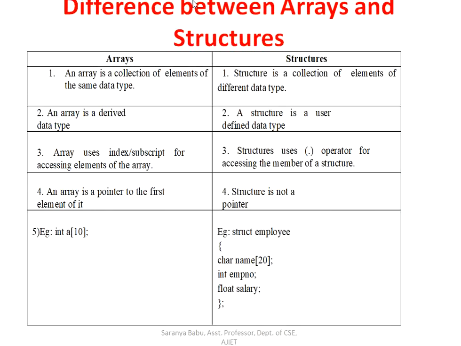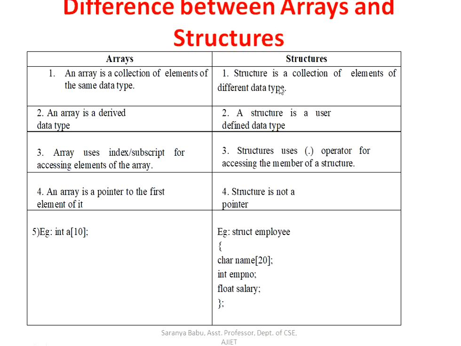So now coming to the difference between arrays and structures. Arrays are a collection of elements of the same data type. That is the main difference, same data type. Whereas structure is a collection of elements of different data types. Is it clear?